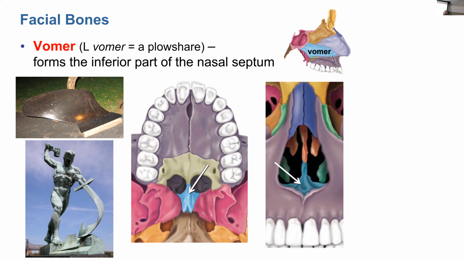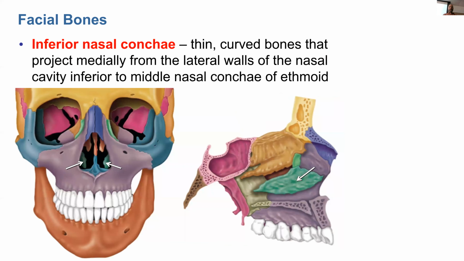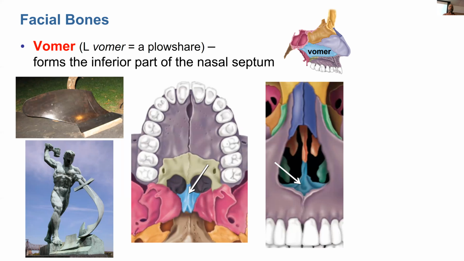Looking from the anterior view, into your nose, you can see the vomer right there, a nice little triangular shaped bone that forms the inferior part of your nasal septum. You can see what it looks like from a lateral view there.